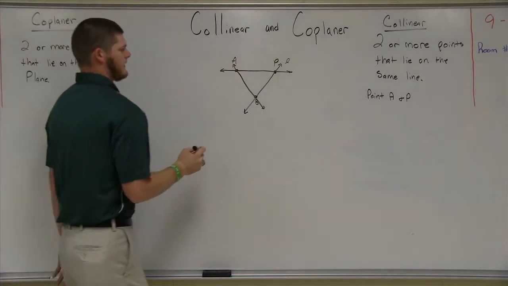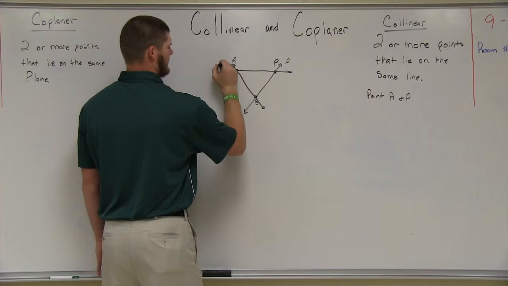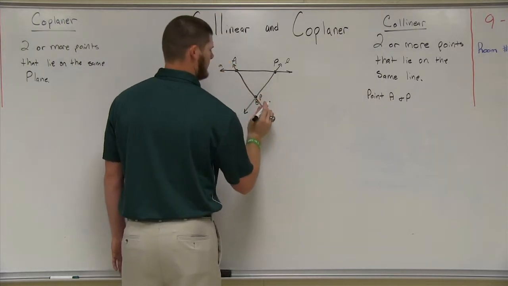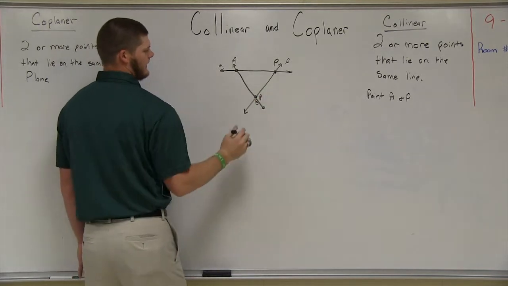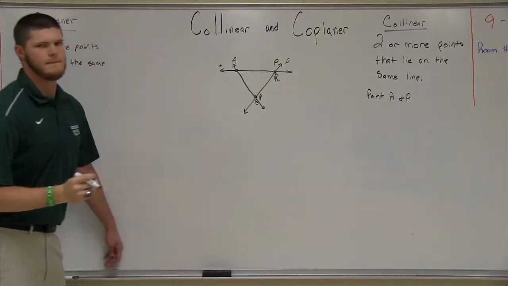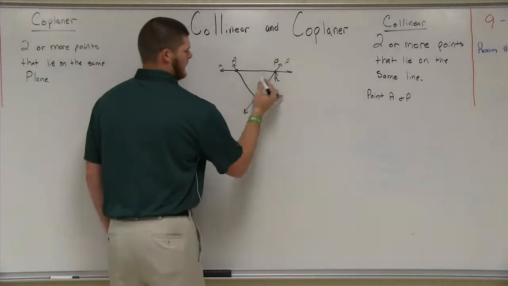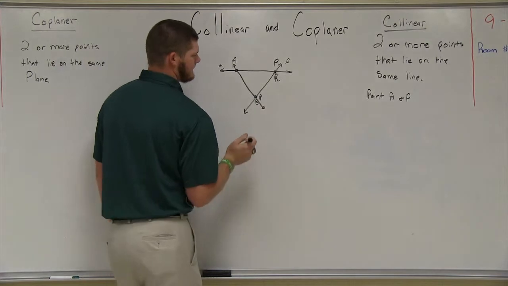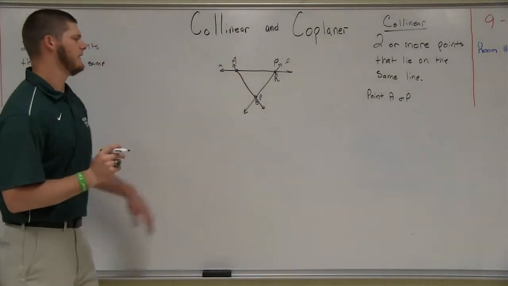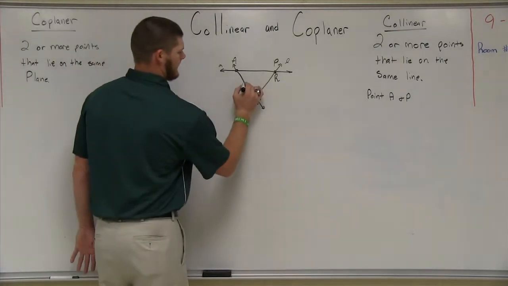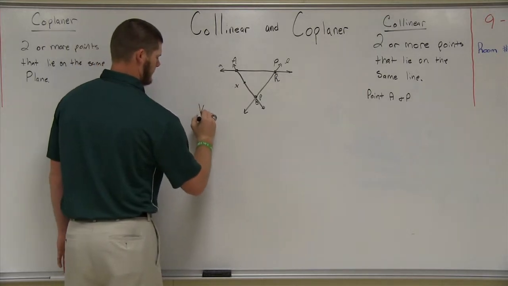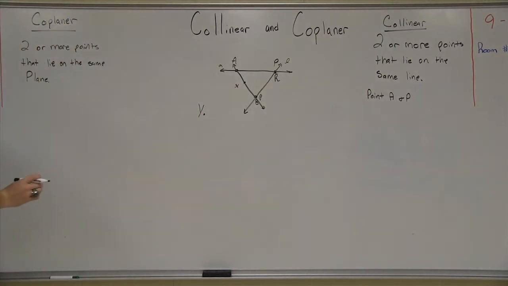So we have line L here, we have line M there, we have line P there, and this would be plane R. Again, we have A, P, and B. These points would be called coplanar because they all lie on plane R. Point X lies on plane R. But point Y does not.